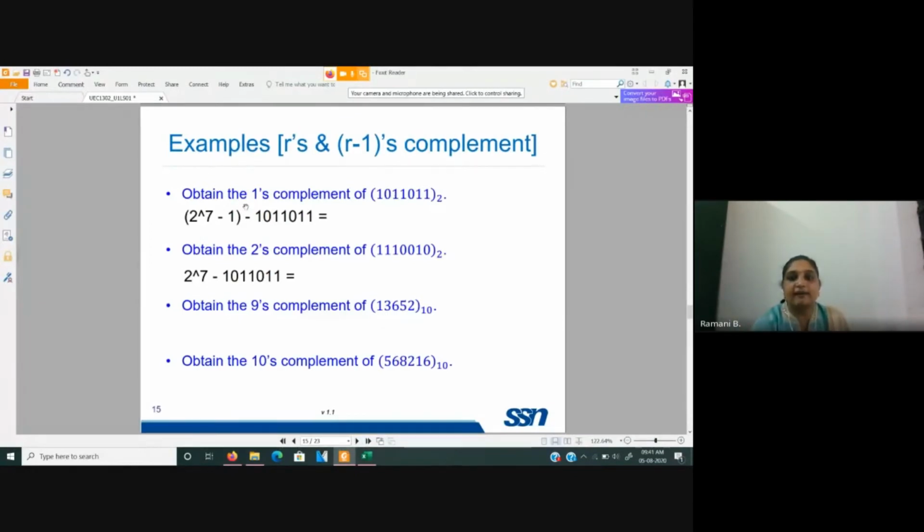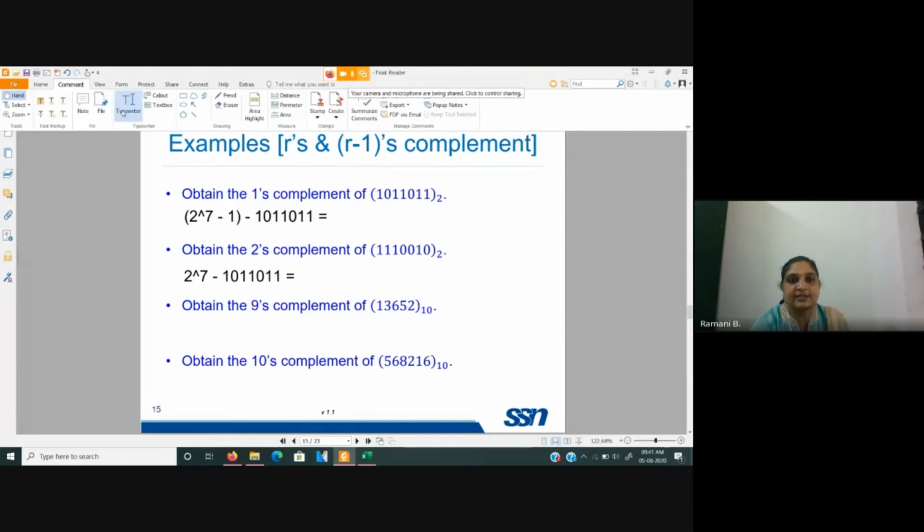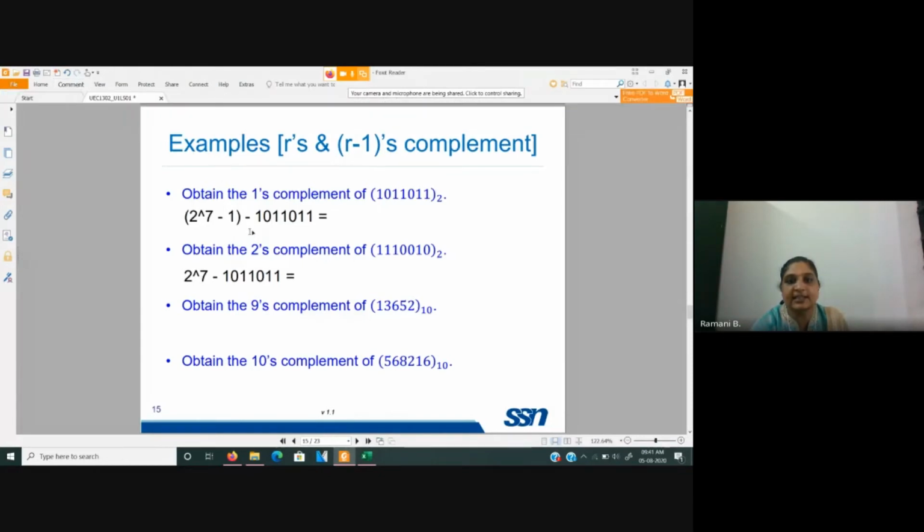So let us see some examples. Here I have considered a few examples. In this, we obtain the 1's complement of 1011011. I have just randomly given the numbers. With 1's complement, we know the formula is R^n minus 1 minus N, where capital N is the given number and small n is the number of digits.